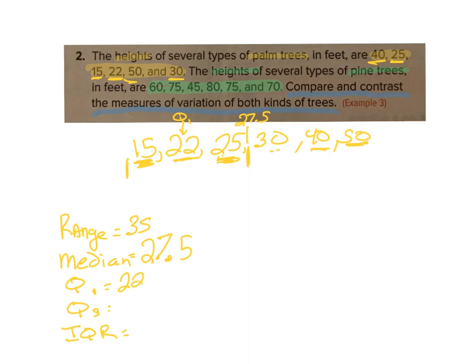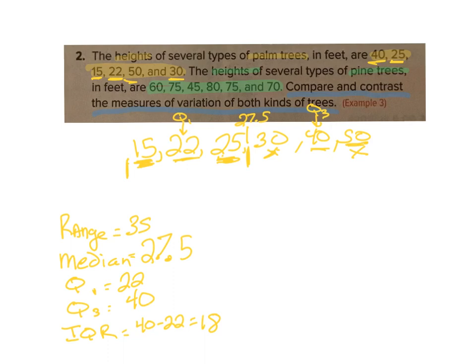And now I have this section over here. I take 1 off this end, 1 off this end, and it leaves me with 40, which is quartile 3. Now the way I find the range of that is 40 minus 22, and my interquartile range is 18.